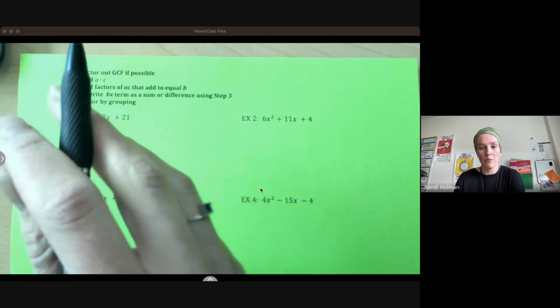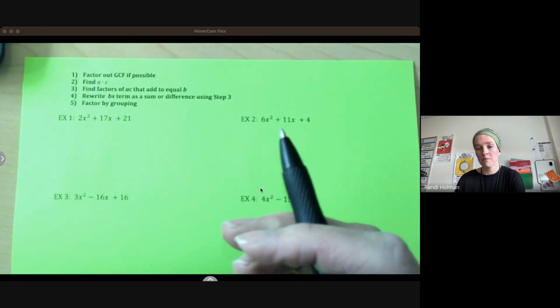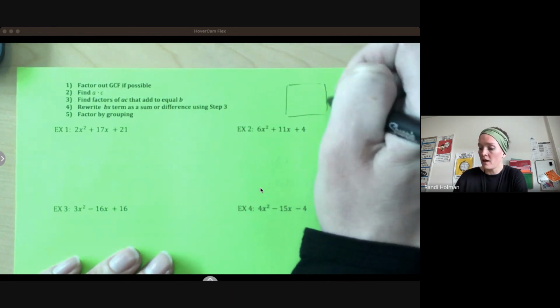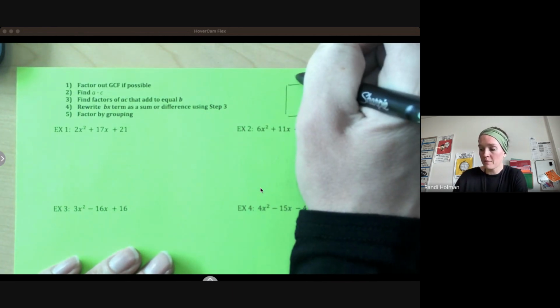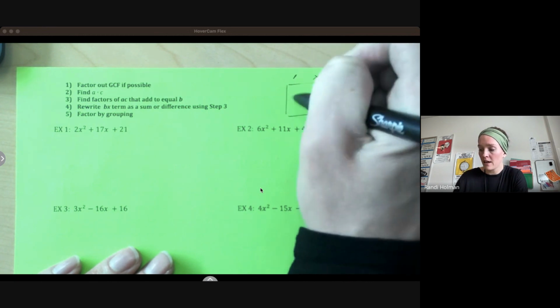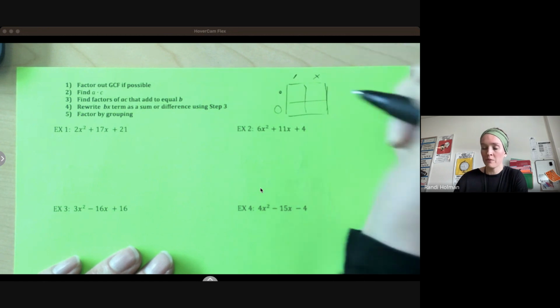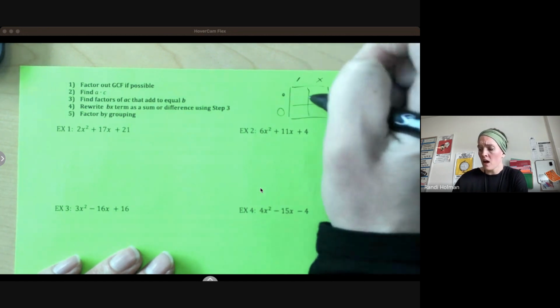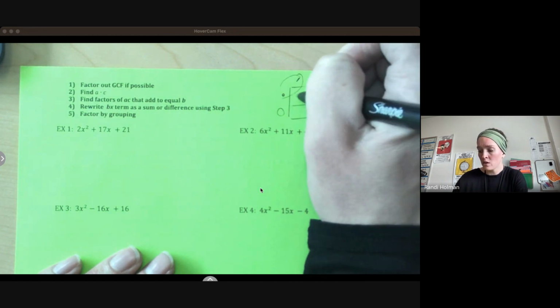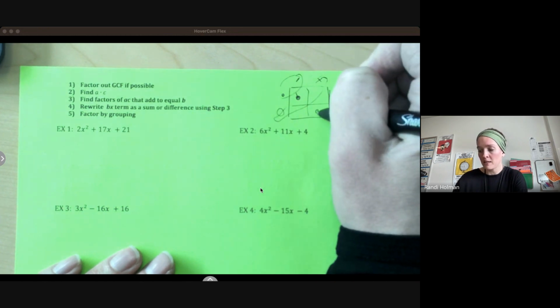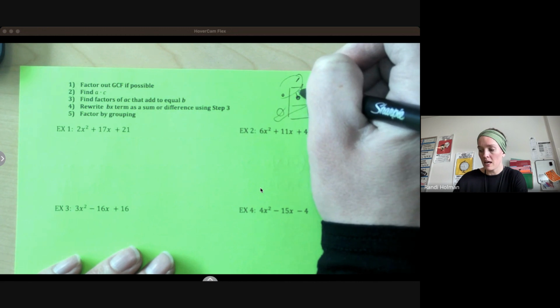So we're really looking at where those four numbers come from. If we're going to end up with our area model, if I have something here and here and here and here, when we multiply those things together, these two are going to end up in this factor, and these two are going to end up in this factor, and this is going to be my a and c.